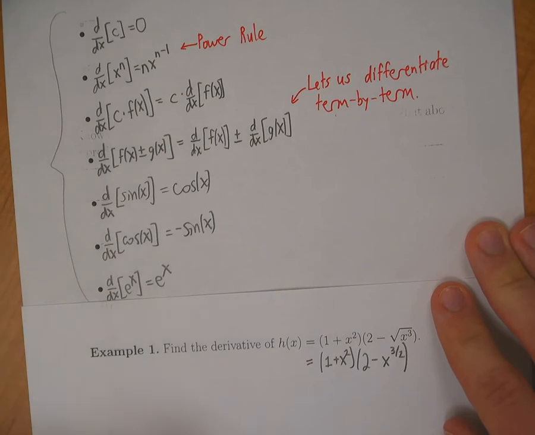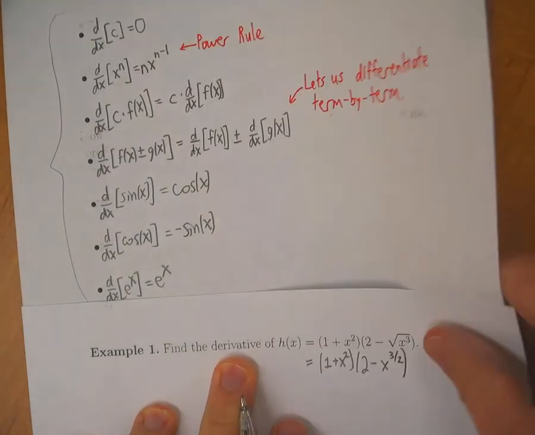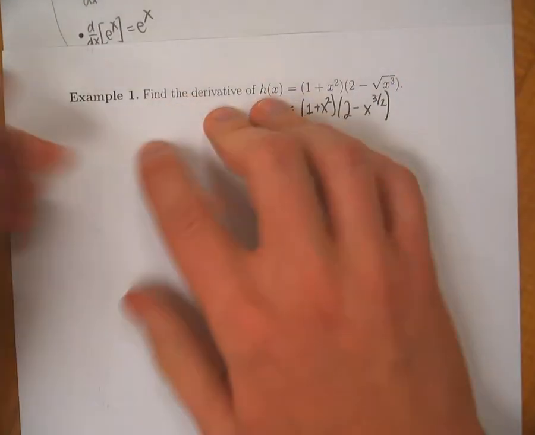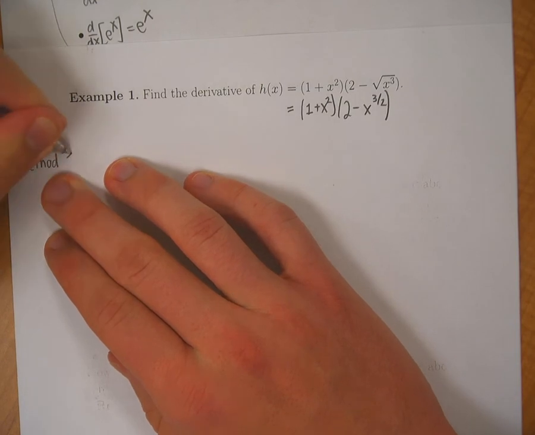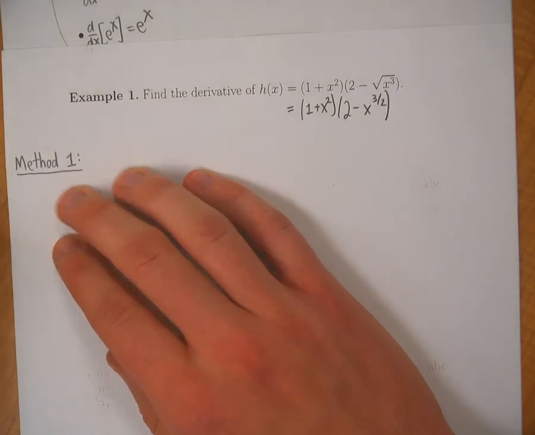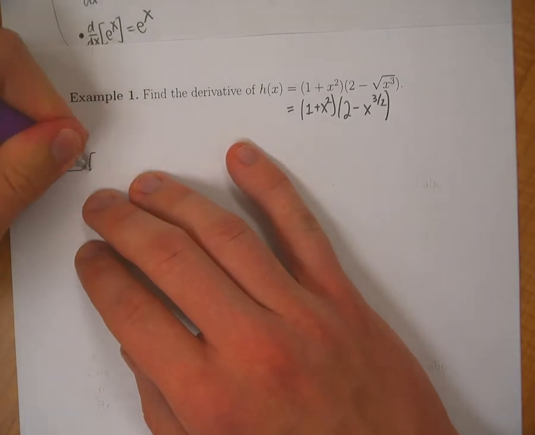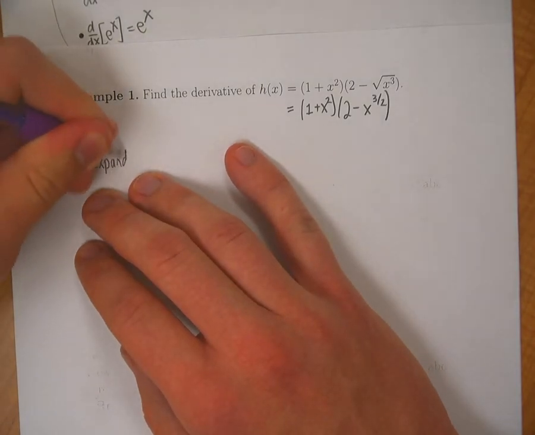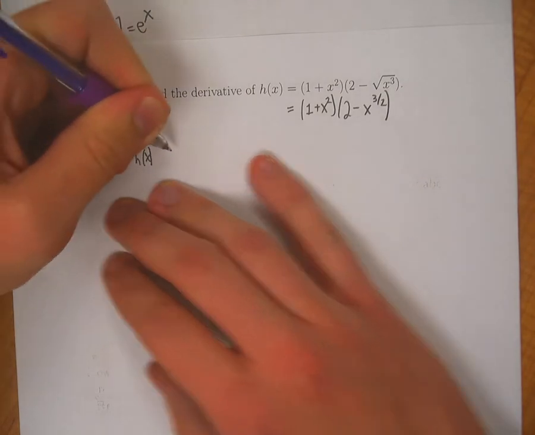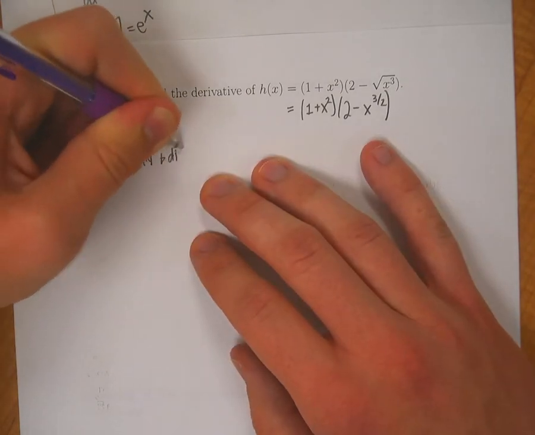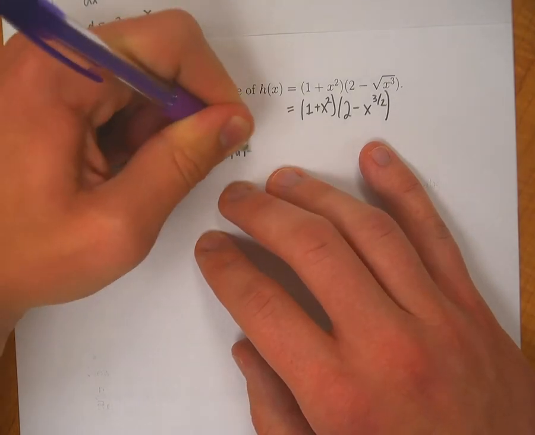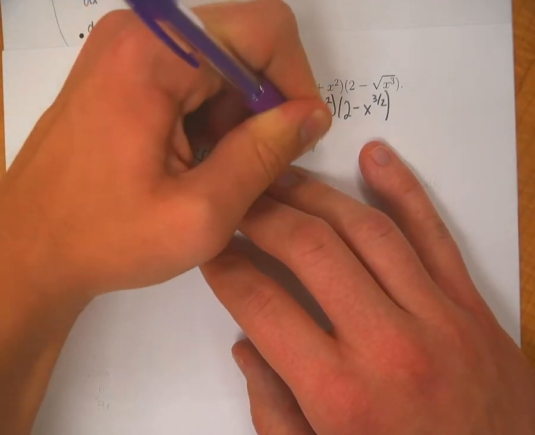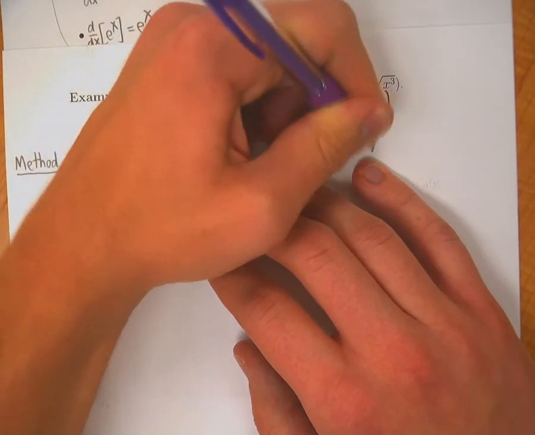What do we do? Well, the only thing we can do in this case is say, method 1: just expand h of x and differentiate as in lesson 7. Okay.